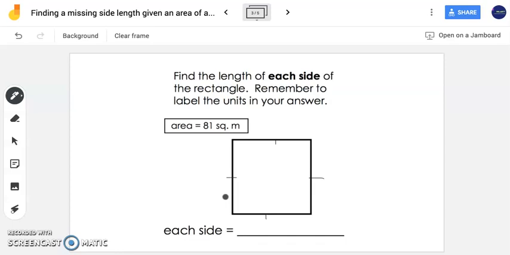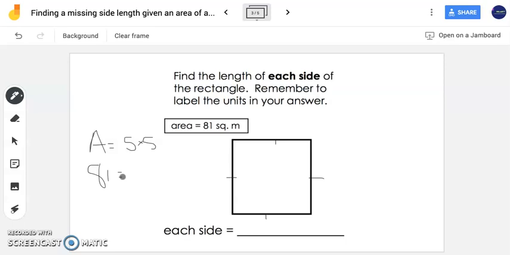So therefore here we have area equals 81 square meters. So that means side times side, or length times width, but we have a square. So that means side times side is going to be exactly the same. So 81 equals some number times some number. Now that means something times something must equal 81.